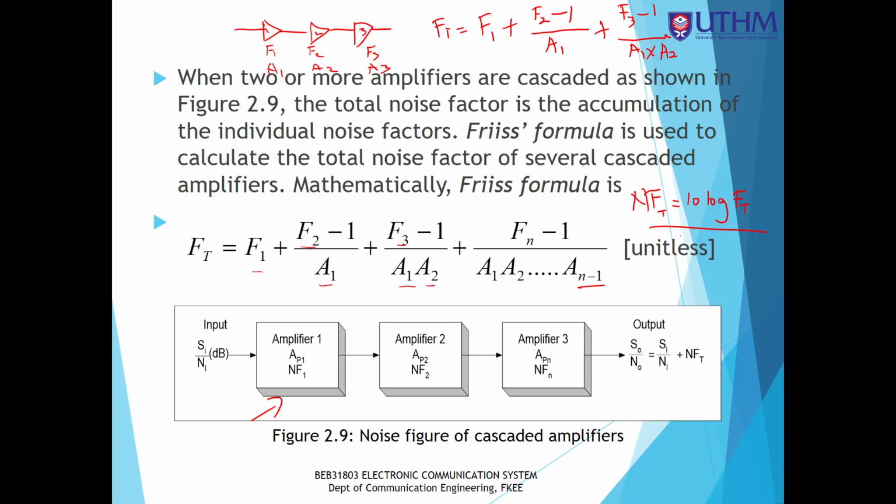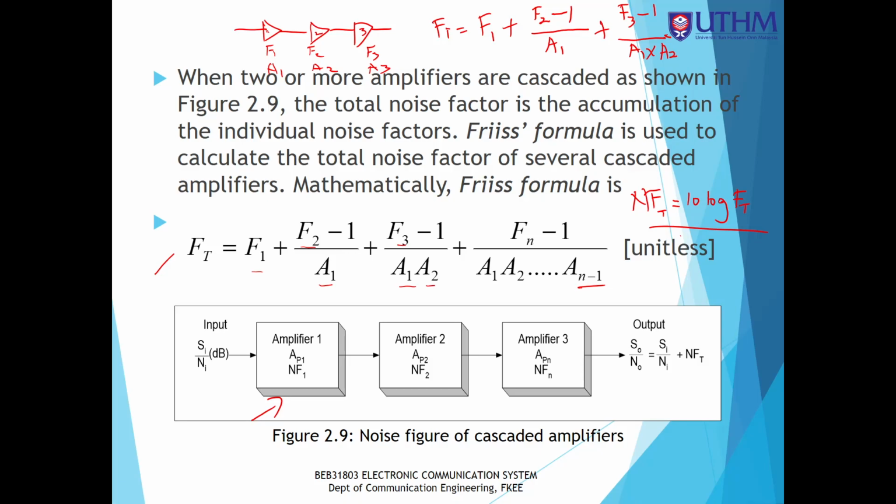Normally, before the COVID pandemic, when we did the final exam face-to-face in the exam hall, we give the formula inside the question, so you don't need to memorize too many equations.